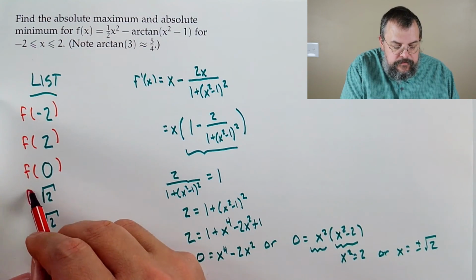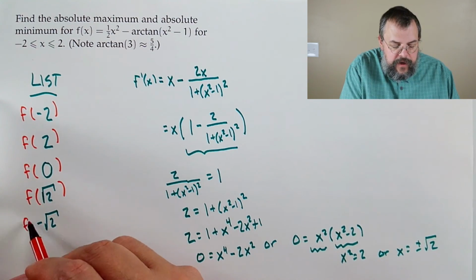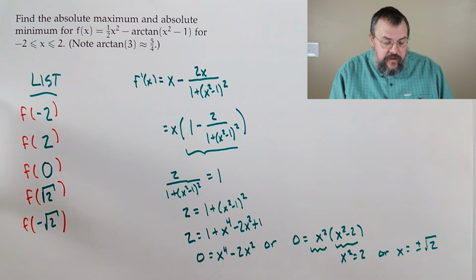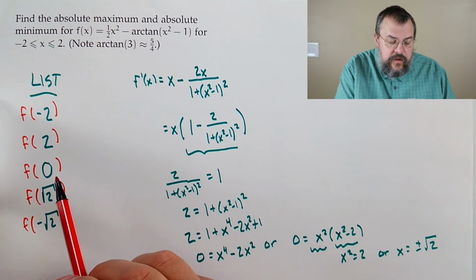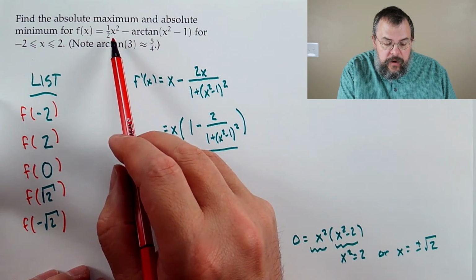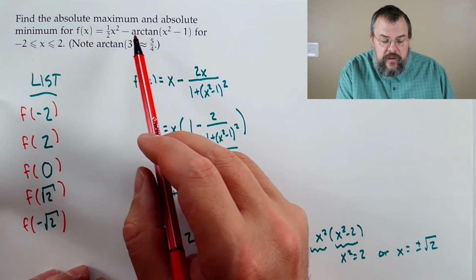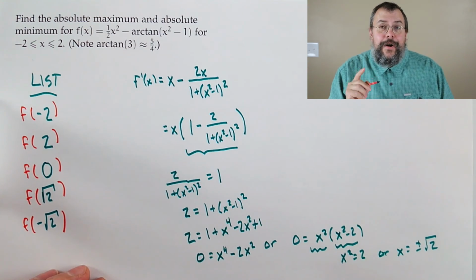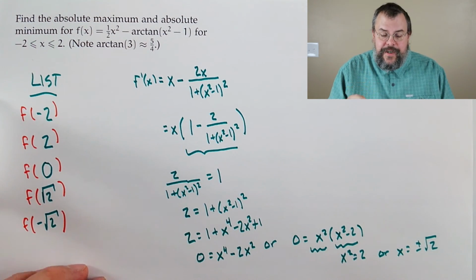Well, I have to think about this for a little bit. Let's start with 0. What happens? You get 1/2 times 0 squared, well, that goes away, minus arctangent of minus 1. Now, arctangent is an odd function.